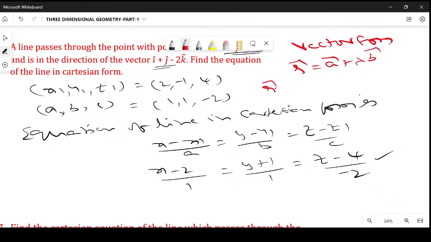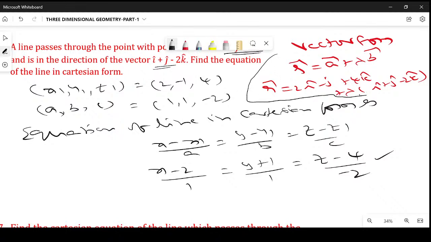In this case, R bar equal to, they didn't ask here, you can write the vector like 2i cap minus j cap plus 4k cap plus lambda into i cap plus j cap minus 2k cap, because passing x1, y1, z1 and lambda into in the direction of the vector i cap, j cap, minus 2k cap. Here they didn't ask, but I'm telling about this one. This vector form. That's all.